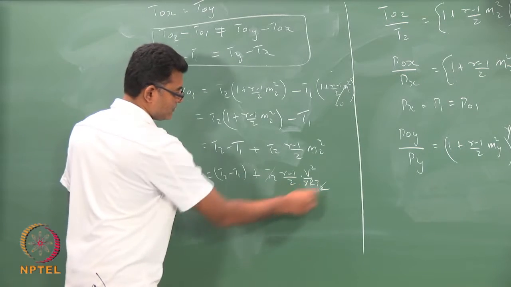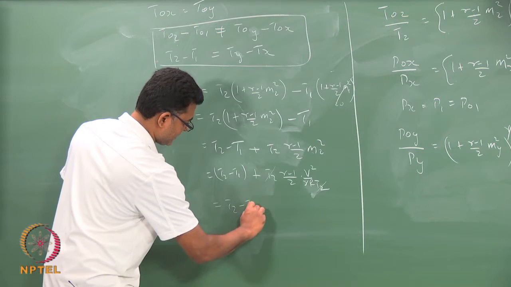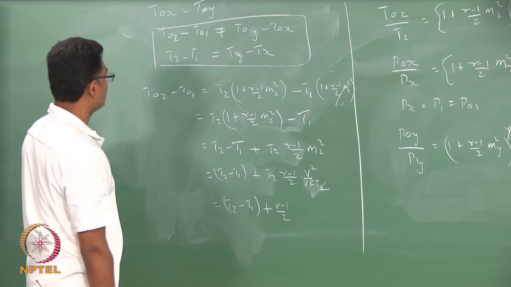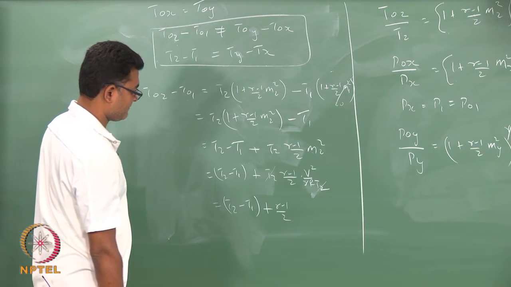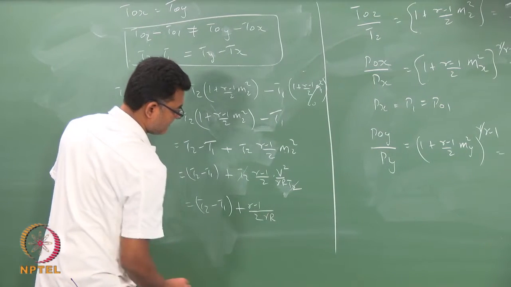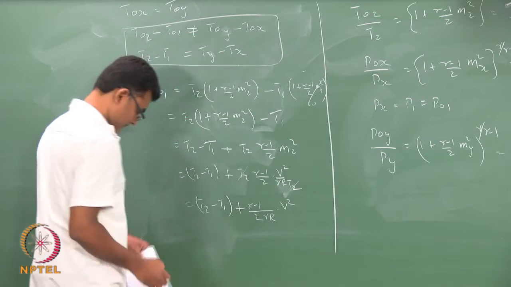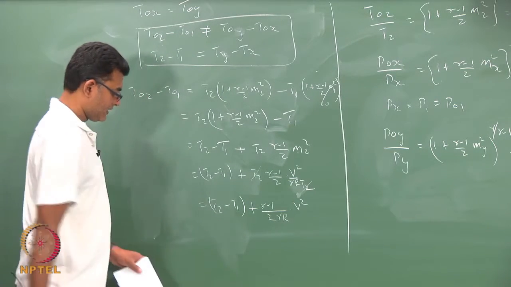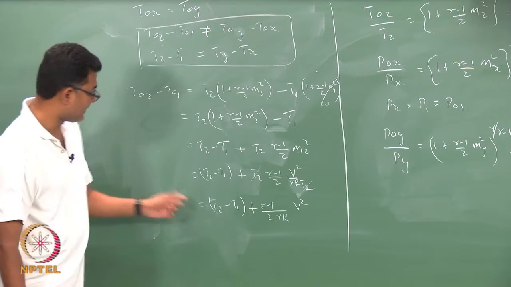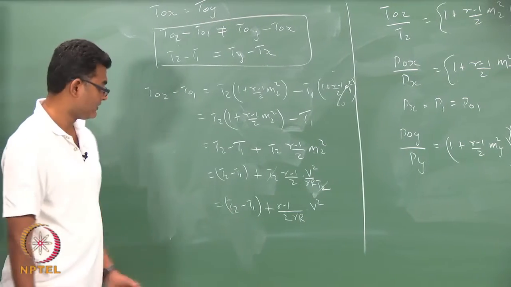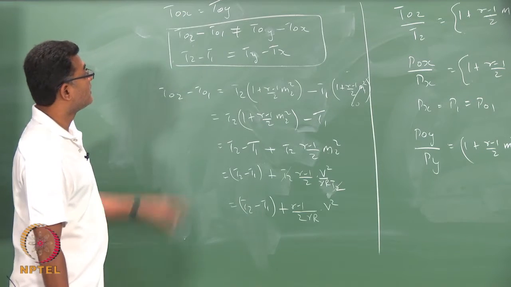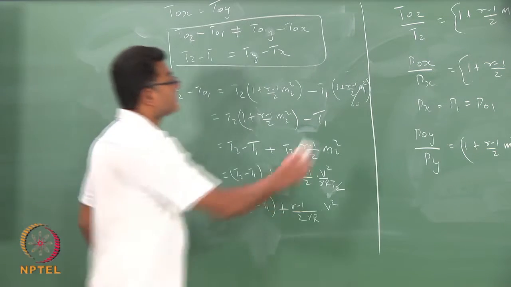So, I strike T2 minus T2. So, this would be T2 minus T1 plus gamma minus 1 by 2 into R gamma into V2 square. Now, if I substitute T2 minus T1 in terms of velocity, then I can get this whole equation in terms of velocity, which is not equal to this quantity, which I will do here.